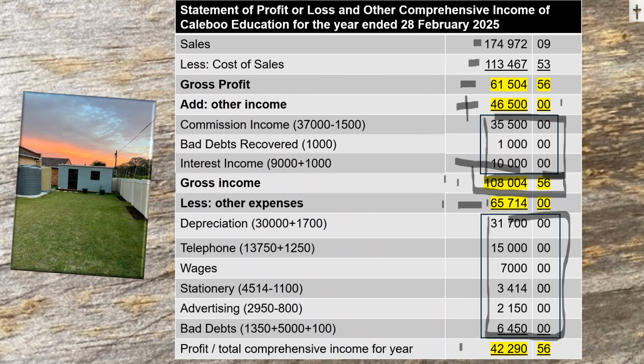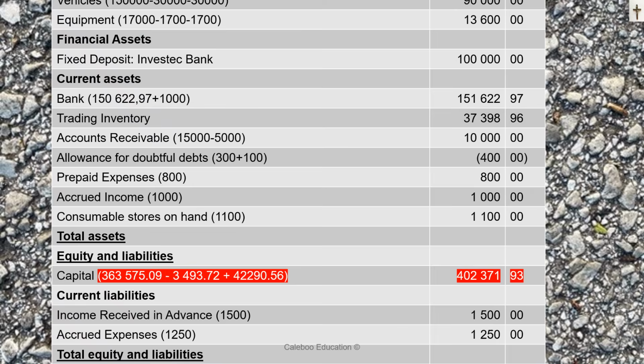Who's entitled to the profit? The owner. So the owner needs to get this profit added to the capital amount, and there it is. In order to get this capital amount, we've got the capital amount of 363,575.09 less the drawings plus the net profit gives the capital amount.